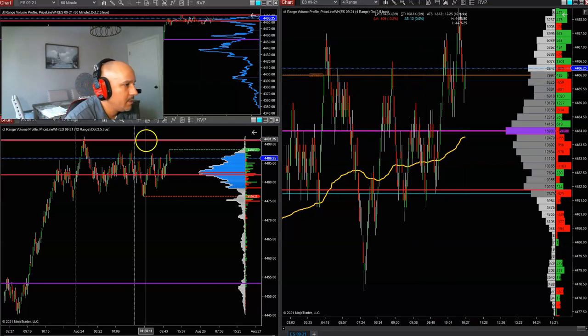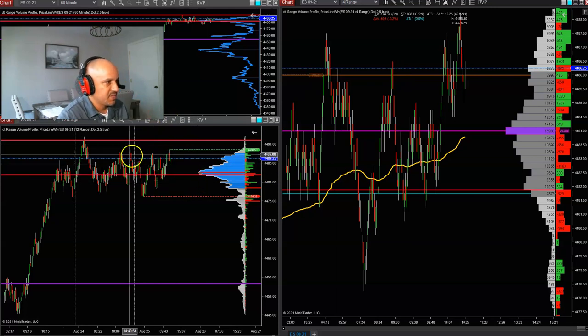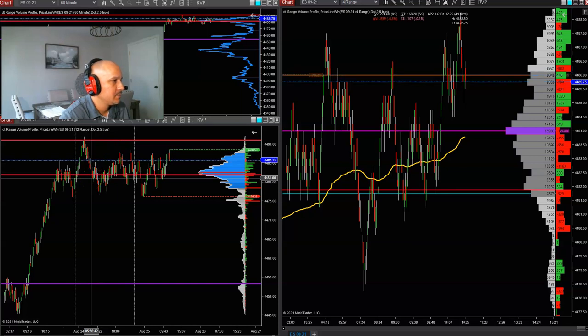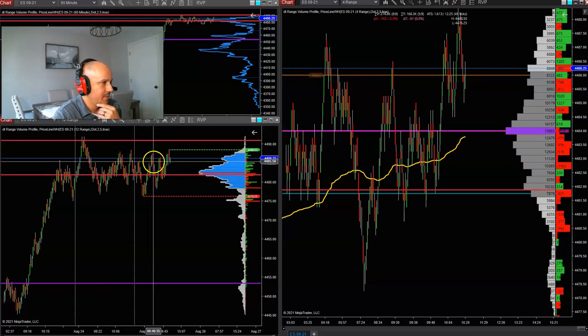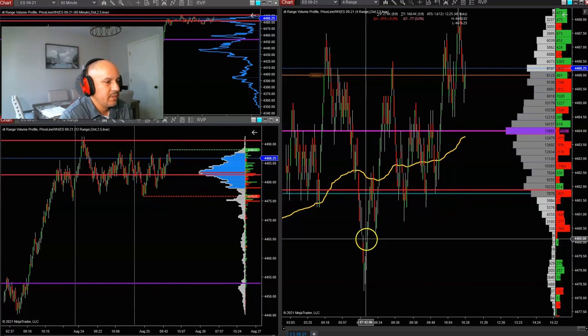Oh man, it's just moving sideways. It's really not taking out this area here yet at 44.80 and pushing higher. We haven't taken out any highs, we haven't taken out any lows. So it's been kind of a crazy day.